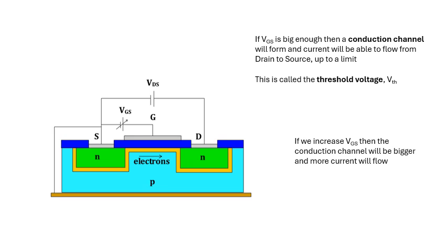If VGS is big enough, then a conduction channel will form and you'll be able to get a current flowing. You'll get electrons flowing between the source and the drain, so a current flowing between the drain and the source. This happens when the voltage between the gate and the source reaches the threshold voltage. And if we increase the gate voltage, then the conduction channel gets bigger and the current gets bigger.